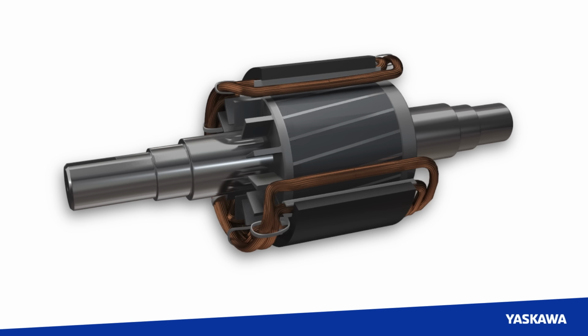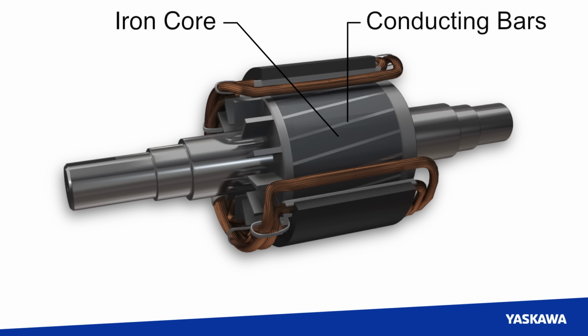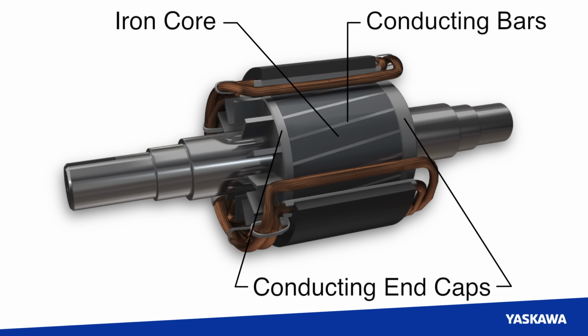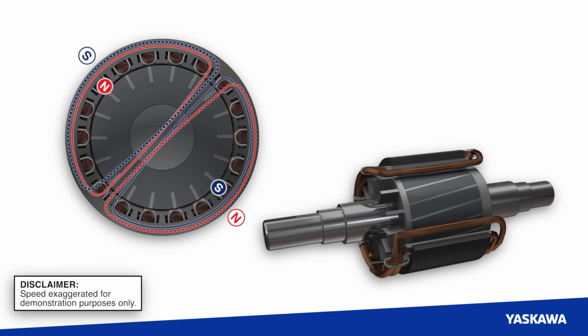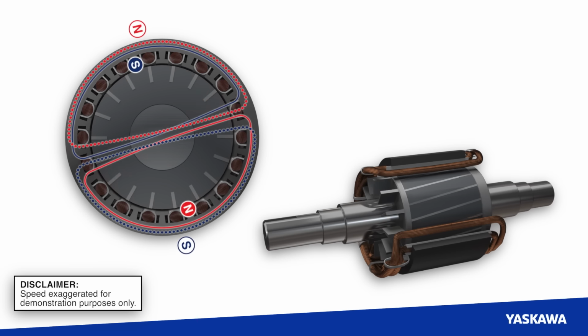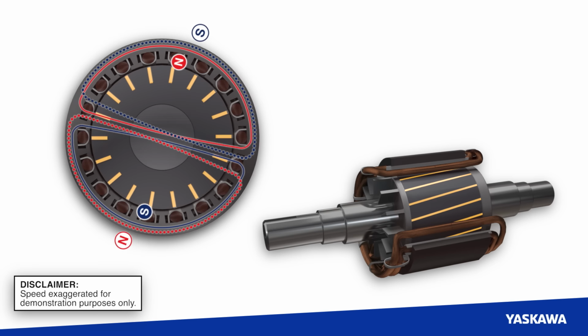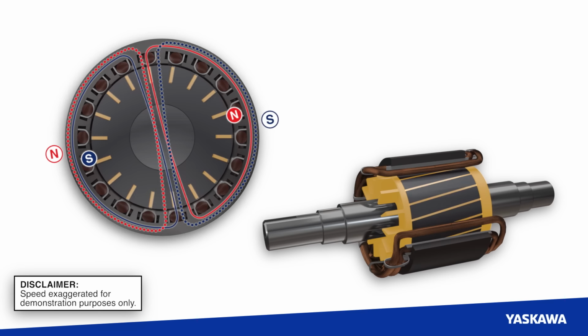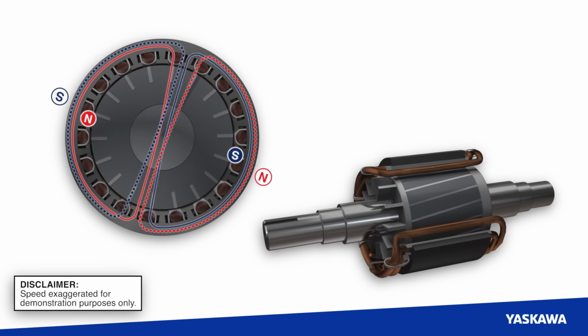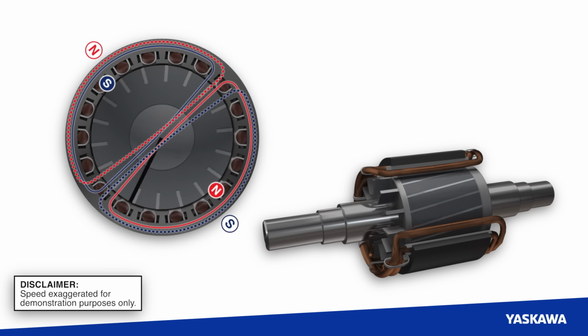The rotor, with its iron core, conducting bars, and conducting end caps, is constructed to conduct electromagnetic current. As the stator's magnetic field rotates, it induces voltage in the bars of the rotor. As the rotor bars are shorted at both ends using end rings, there is now a closed path for the flow of current in the rotor bars.